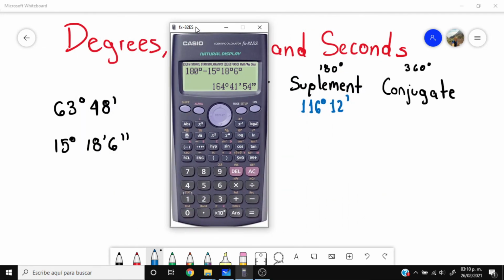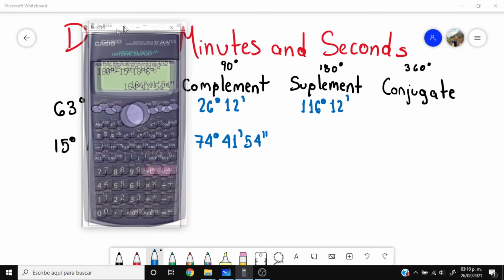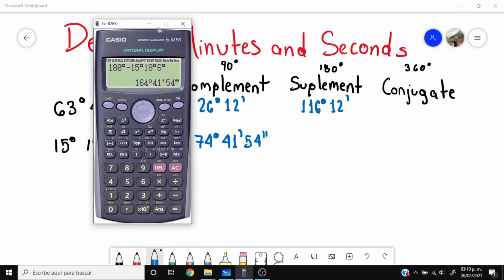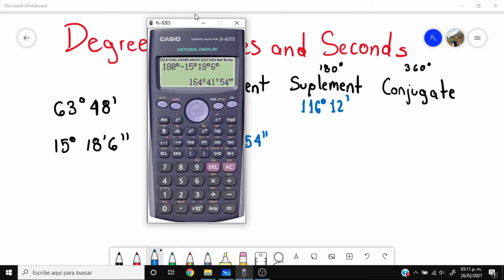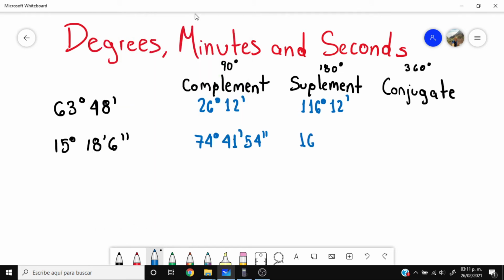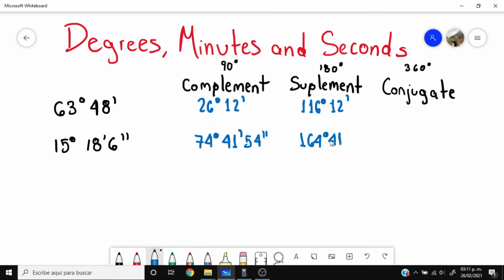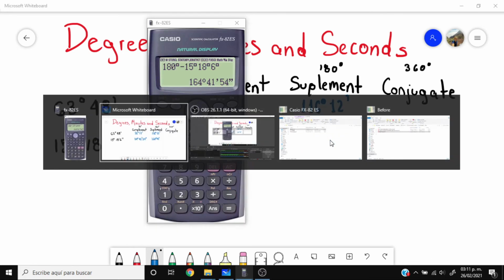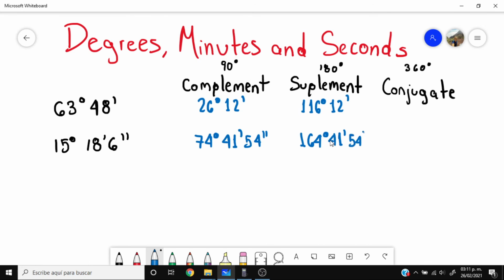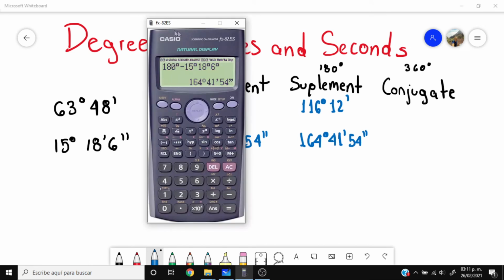They should be exactly the same because I have the same amount of seconds over here, also in minutes. So I'm gonna write it: 164 degrees, 41 minutes, and 54 seconds. And that will be the same procedure.